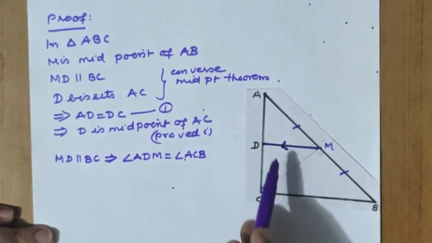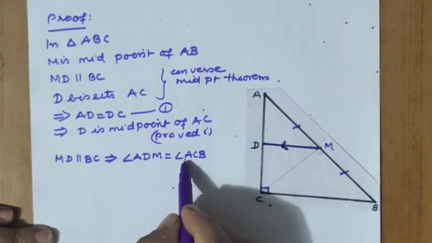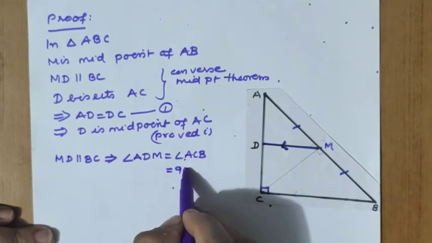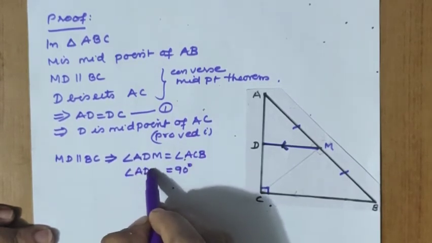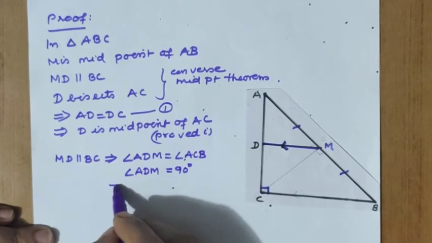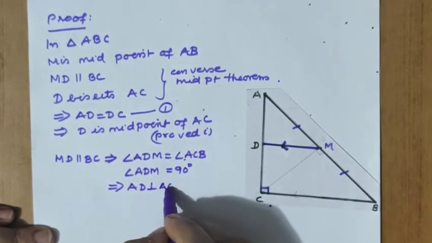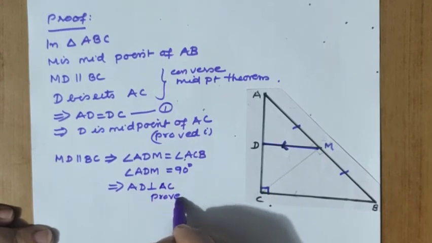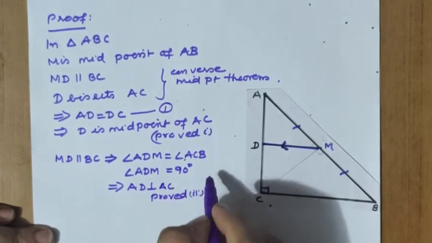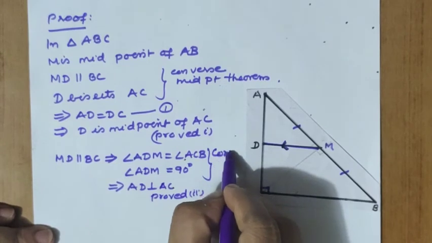What is the reason? Corresponding angles. What is angle C? 90 degrees. That means angle ADM equal to 90 degrees. This shows that AD perpendicular to AC. Proved 2. So here what should we write? Corresponding angles.